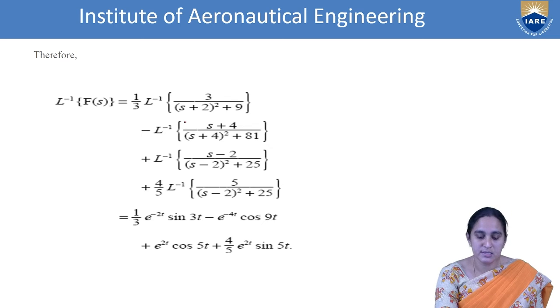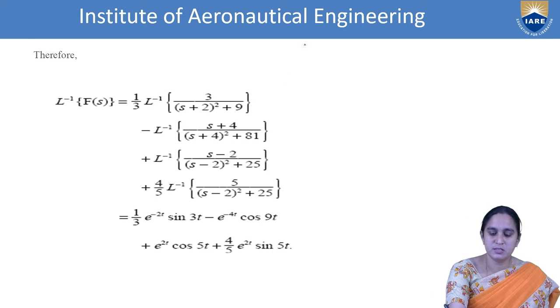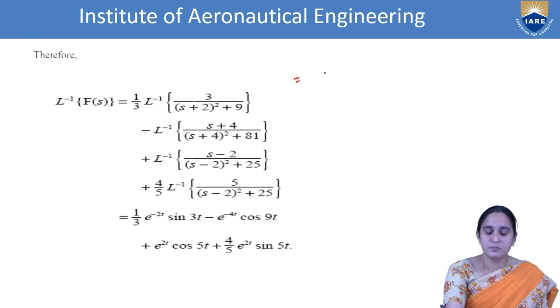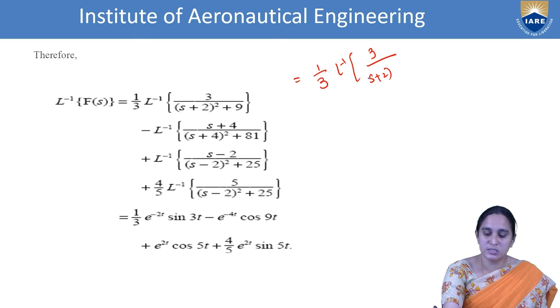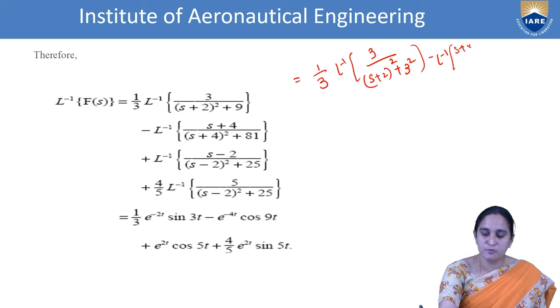Minus Laplace inverse of s plus 4 by s plus 4 whole square plus 81. There is no change here for the second part. Only in the first part of the answer am I multiplying and dividing with 3, that is 1 by 3 into Laplace inverse of 3 by s plus 2 whole square plus 3 square, minus Laplace inverse of s plus 4 by s plus 4 whole square plus 9 square.